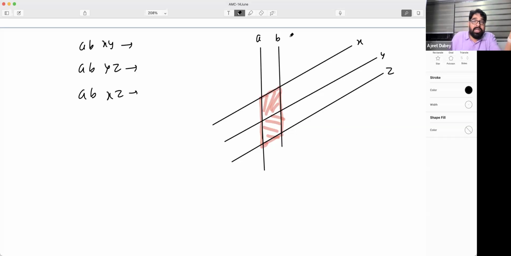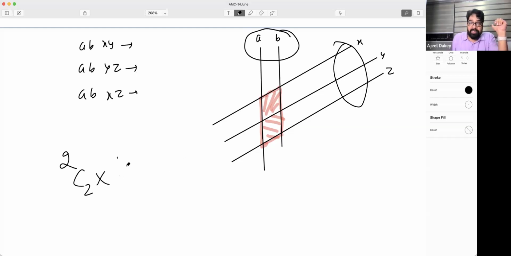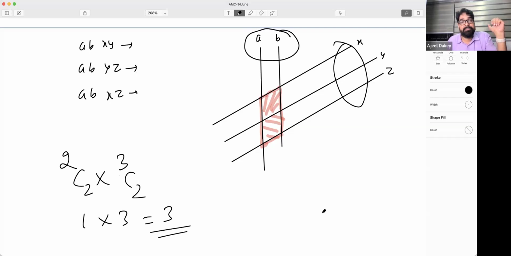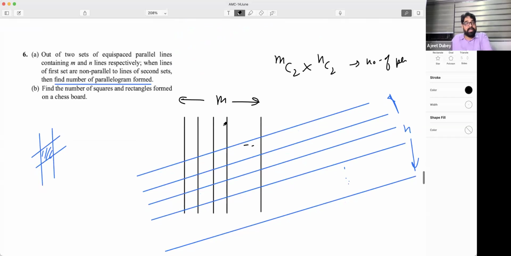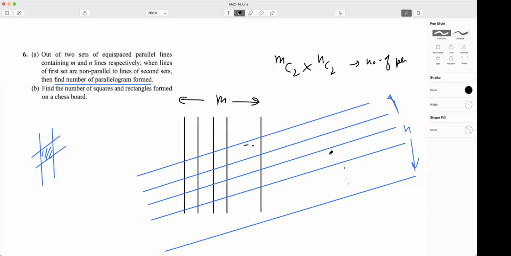That means I have to select two lines from here. So two lines are there, 2C2, and two lines from here, three lines are there, 3C2. 2C2 is 1 into 3, so that will be 3 parallelograms. So similar logic I apply here: from here I selected two lines and from here I selected two lines. Okay, sir. Thank you, sir.